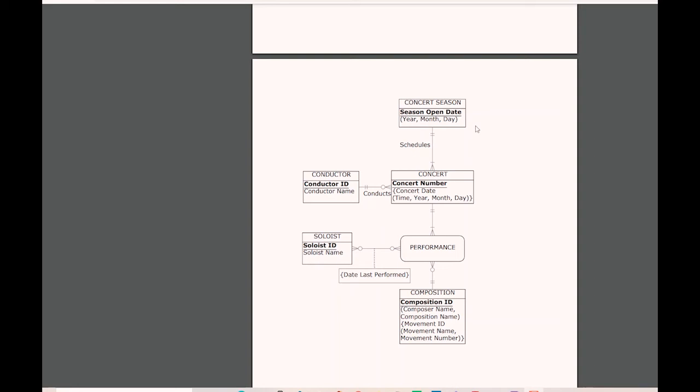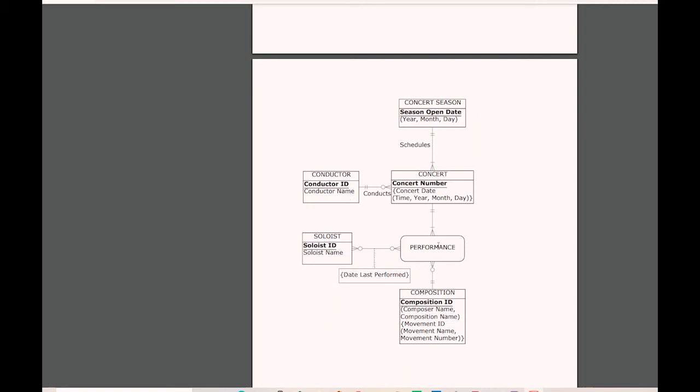Concert season has many concerts, and at least one concert is within one concert season. And again, we have the date of the concert, which could be multiple dates, because it could be many times. A conductor conducts many concerts, or no concerts, and the concerts are conducted by one conductor.